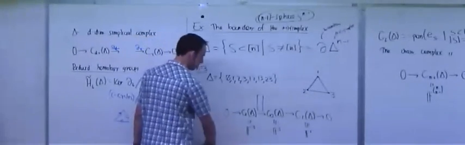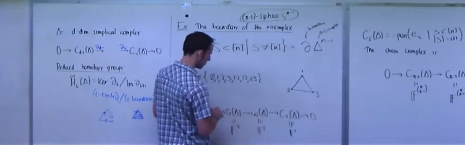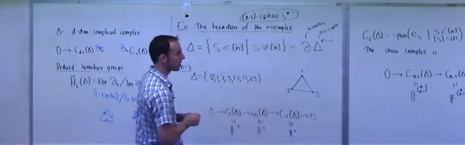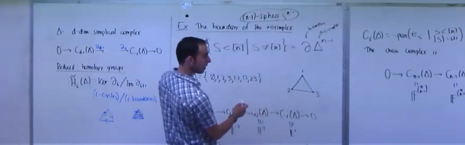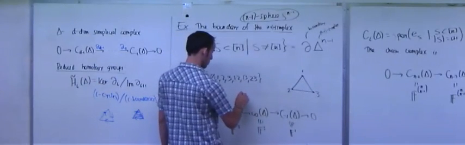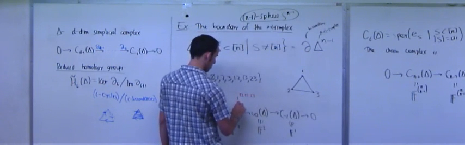Let me just very quickly draw it in this case, and I think you'll see what happens in general. If I repeat my picture over there, what do I need to do? I need to list over here the 1, 2, 1, 3, 2, 3, 1, 2, 3, right?